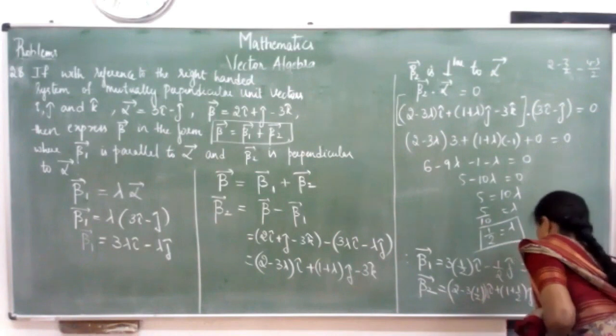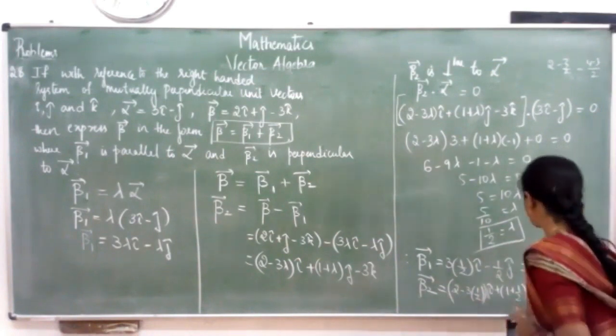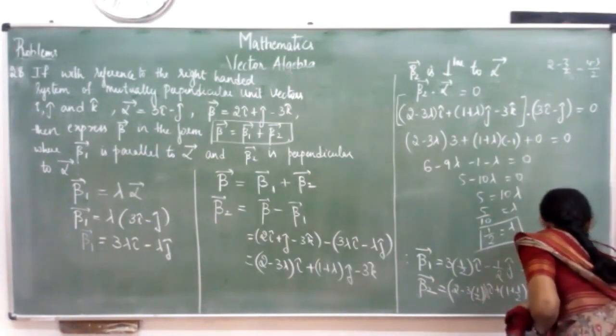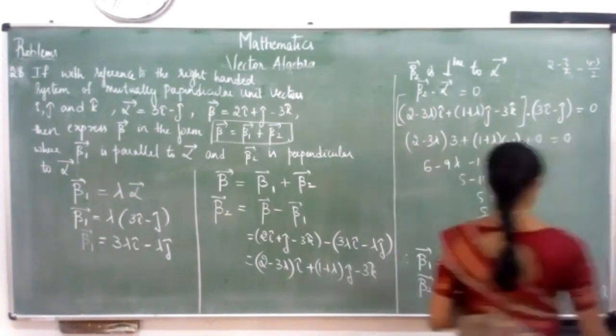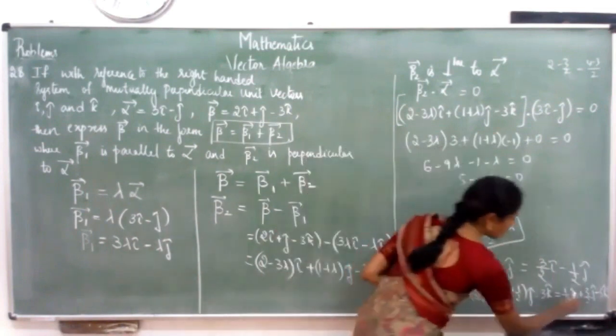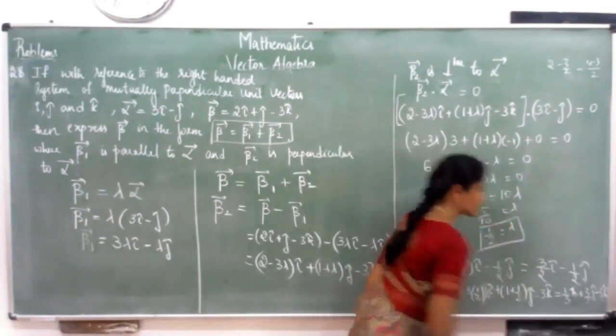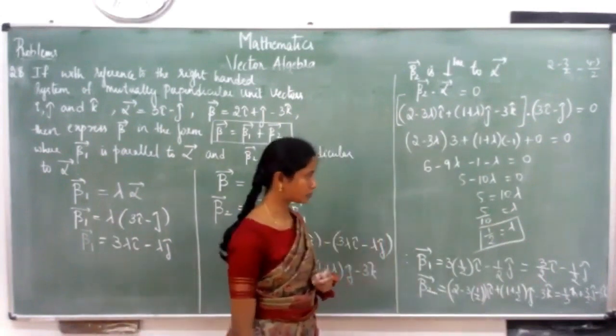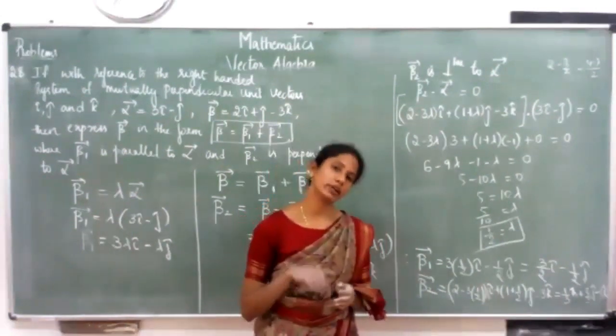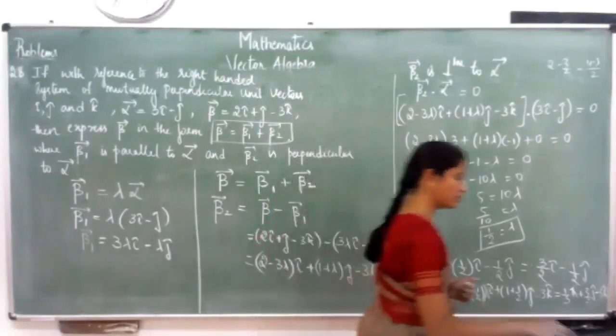Therefore we get 1 by 3 i cap, 1 plus 1 by 2, which is 3 by 2 j cap, minus 3 k cap. Okay, so it is 1 by 3 i cap plus 3 by 2 j cap minus 3 k cap. Understood? So we got what is beta 1 and what is beta 2.